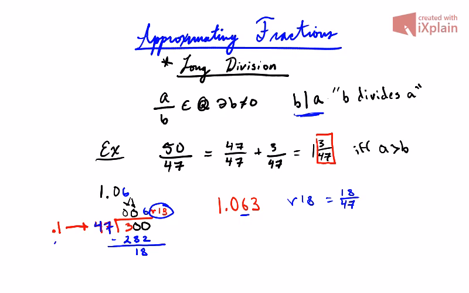So this became the thousandths place because I had to borrow right here. And the reason why is because 47 wouldn't go into 3, wouldn't go into 30, so I had to add in a number of zeros and put a 0 there. Okay, so now I'm going to look at the thousandths place.